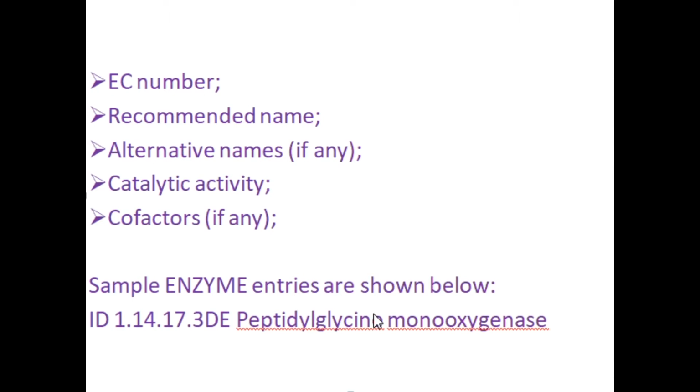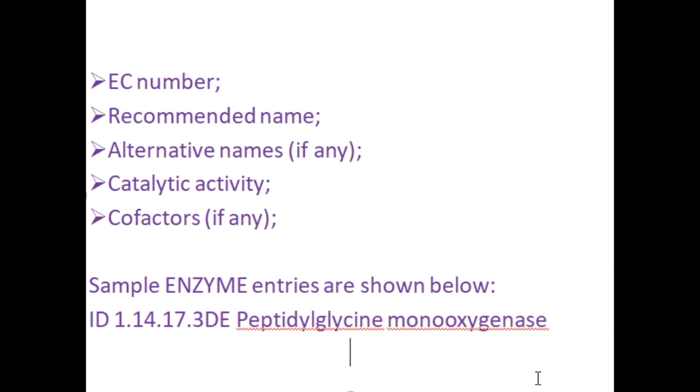If any alternate name is present, we need to mention it. Next, the catalytic activity of the particular enzyme. Next, cofactors. If any cofactors are available, the person who is going to submit has to submit them along with the nomenclature information. Next are the sample enzyme entries.